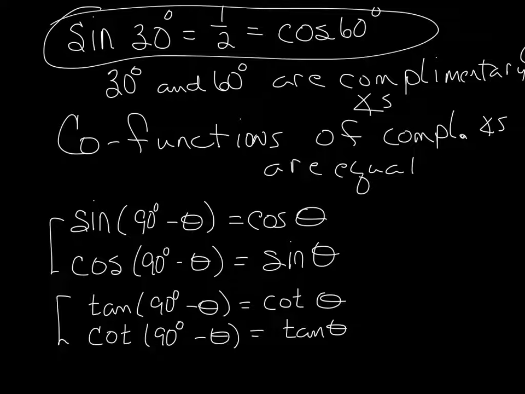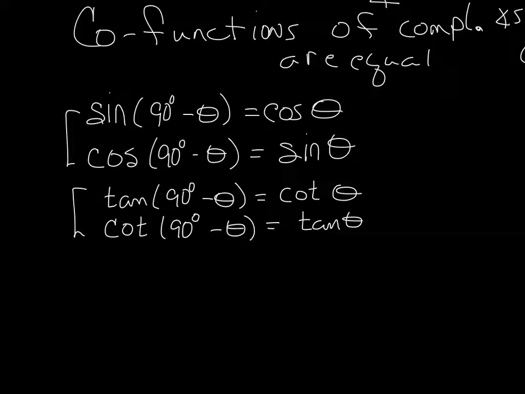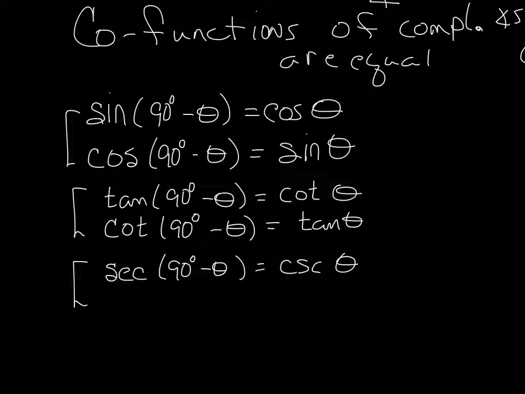And then finally, the secant and the cosecant are cofunctions. The secant of 90 degrees minus theta equals the cosecant of theta, and vice versa.